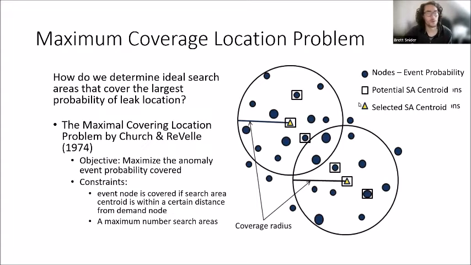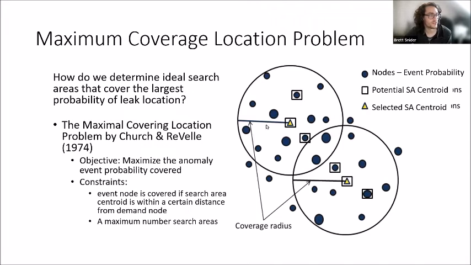Here we have the machine learning model predicting the node probability. Every node within the network has a probability of the event occurring at it. The blue dots represent the probability, and the larger blue dots represent a higher probability of the event occurring at that location. Then we have possible search area centers. Here I've only put in 6, but we would develop an entire grid to search through.